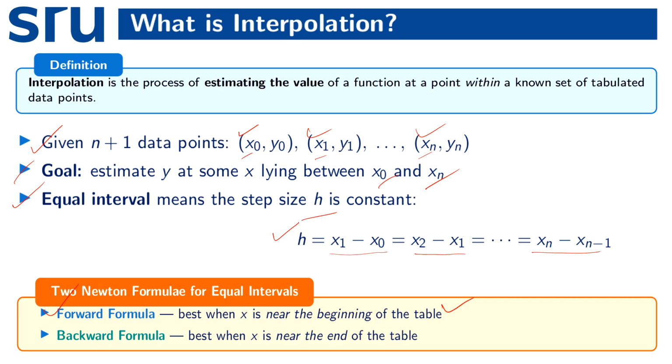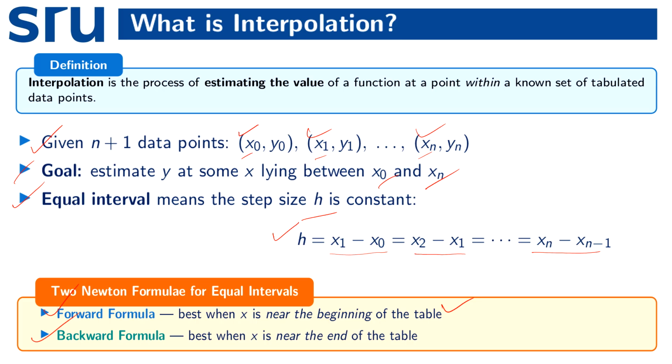So if you want to estimate a value close to x0, we will use this method. Then there is the backward interpolation formula, which is used when the value of x is near the end of the table. So if the required value is closer to xn, then this method is more accurate.